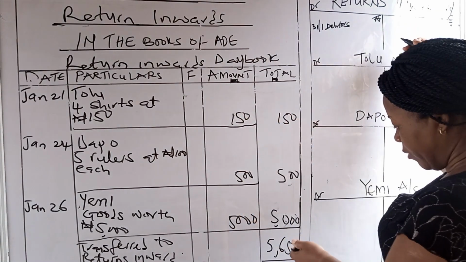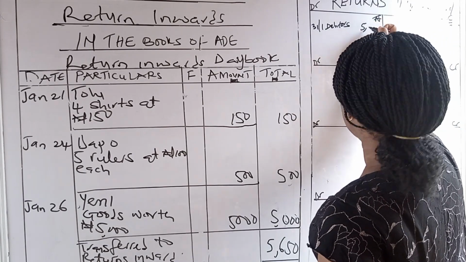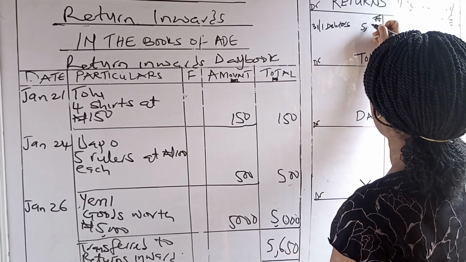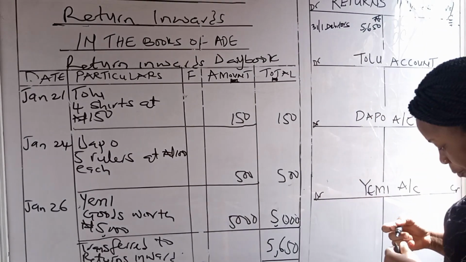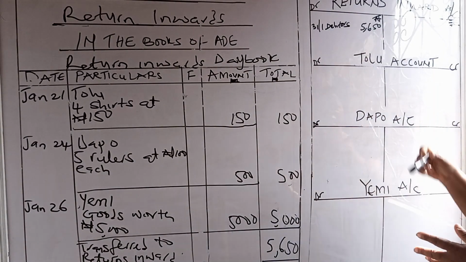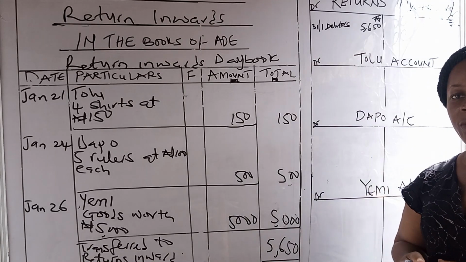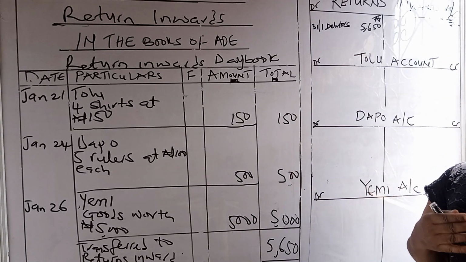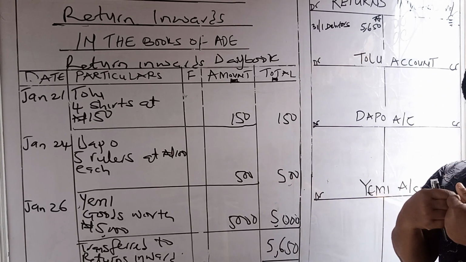The three debtors, and the total worth of goods returned to us summed up to 5,650 naira. In the case of each debtor, when they return goods to us, our collectible debts from them reduce.